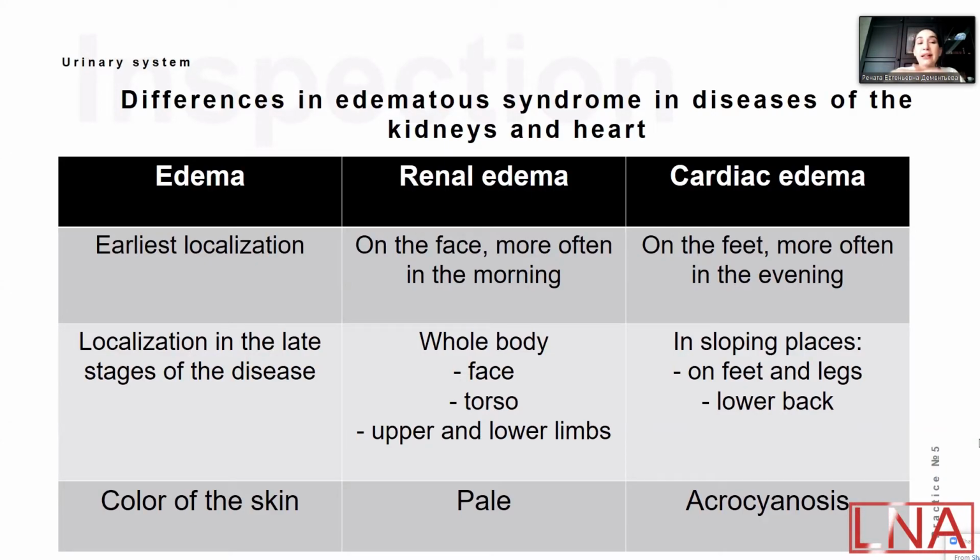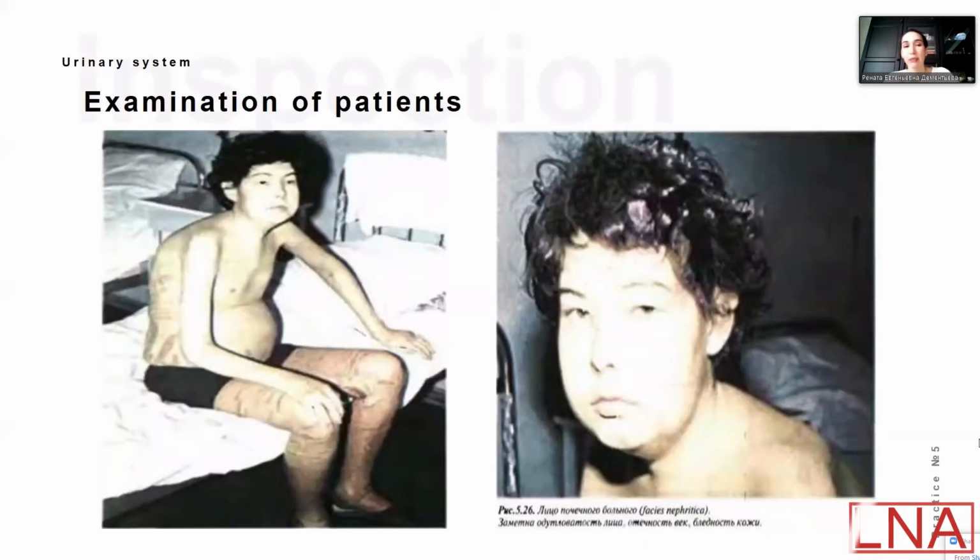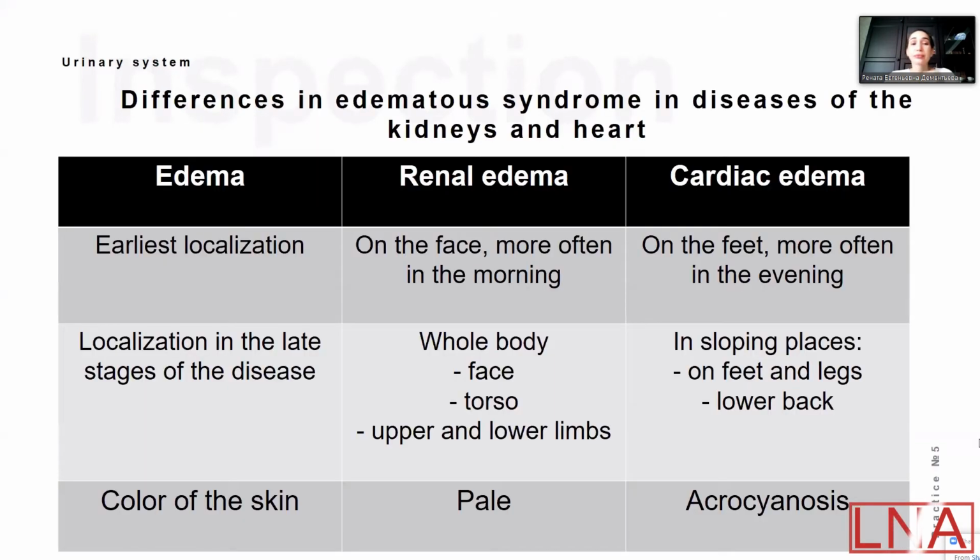Earliest localization: in renal edema, it's on the face, facies nephritica, pale, pallor, more often in the morning. In cardiac edema, primary localization is on the feet, more often in the evening. This is because of normal gravity, liquid going from up to down, collecting during the day and manifesting on the feet in the evening. Renal edema manifests on the face, more often in the morning.